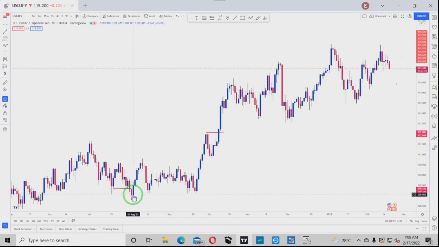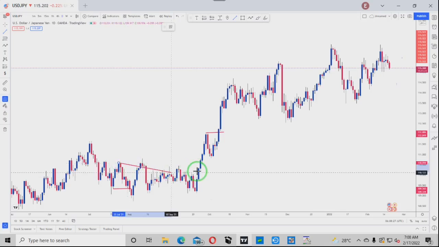As you can see, this candle body broke this candle wick here. Can you see that? So this is a valid lower low and this is a valid lower high. If you now take your horizontal line, like I said to you earlier, now your focus should be on your swing high and your swing low. Remember, this is the daily time frame, dollar yen daily time frame.